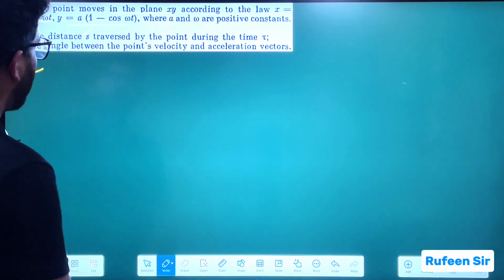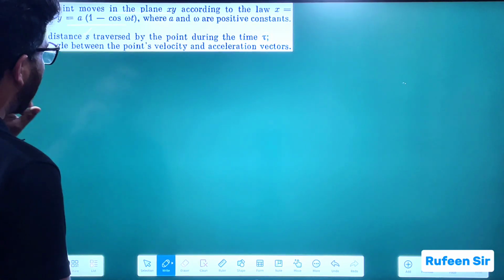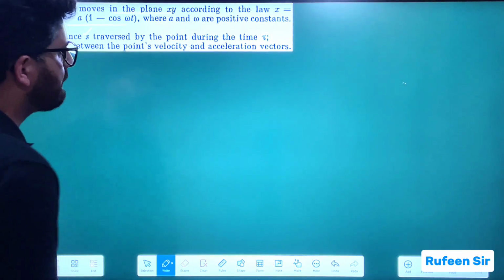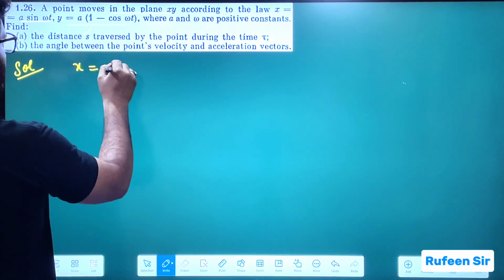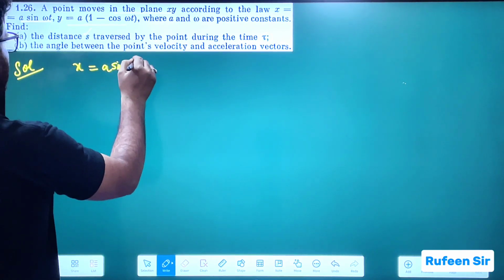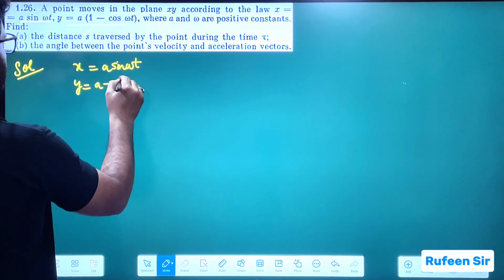First of all, if I look at this question, I expect the particle to move on a circular trajectory. See, x is a sin omega t, although the question does not ask to find the trajectory, and y is equal to a minus a cos omega t.